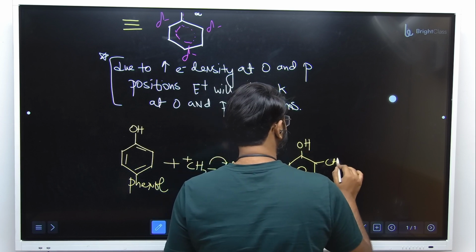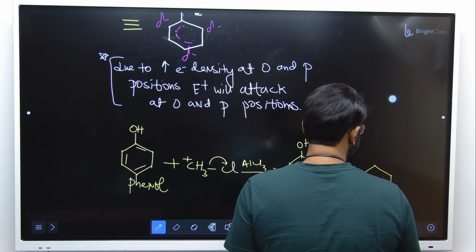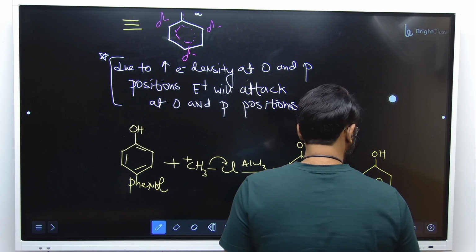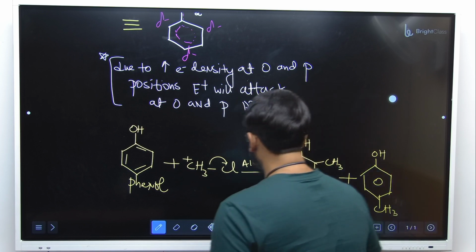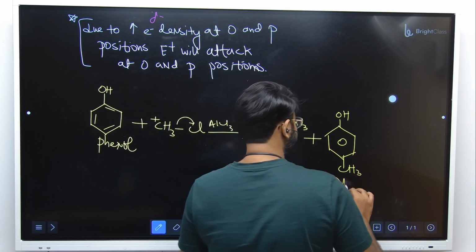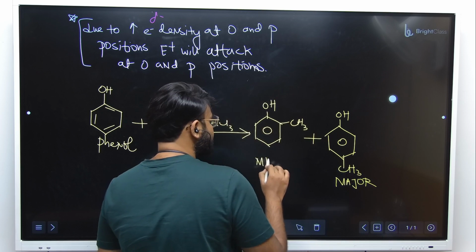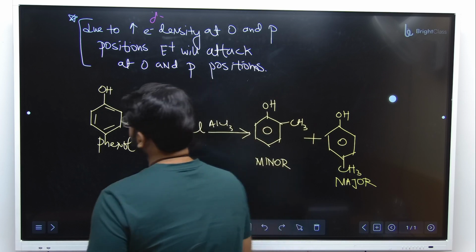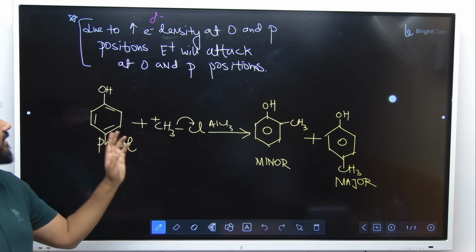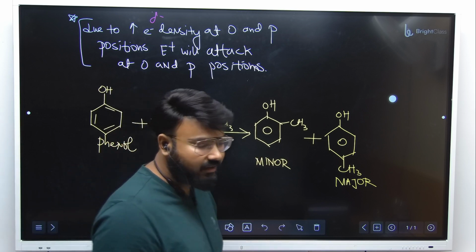One product will be this plus another product will be this. One will be an ortho isomer, one will be a para isomer. But this will be the major and this will be the minor. Guys, understood now? This is how we know. This is also an ortho-para directing group, so that is how we wrote the answer.